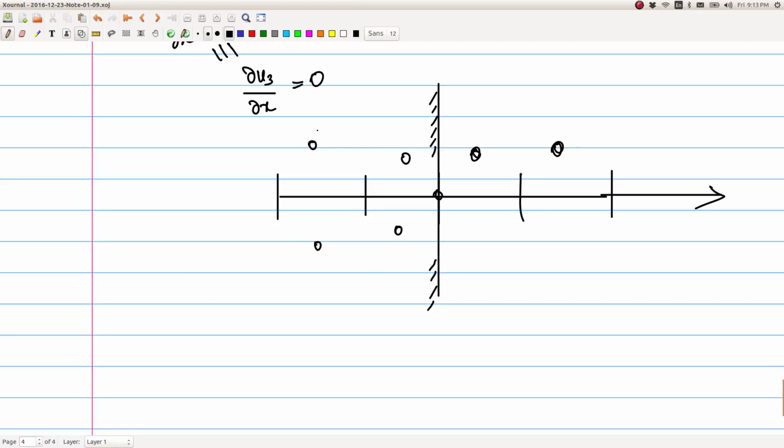This particular thing wherein we say this value is the same as this, and this is the same as this, will be applied for the first one.